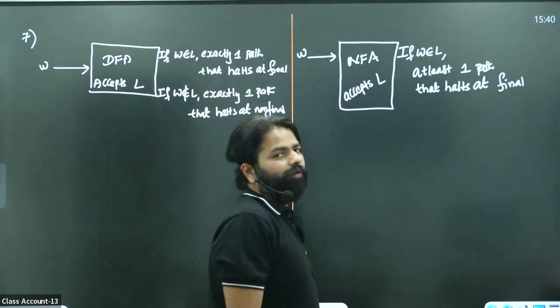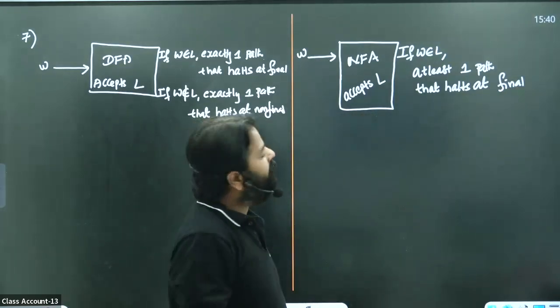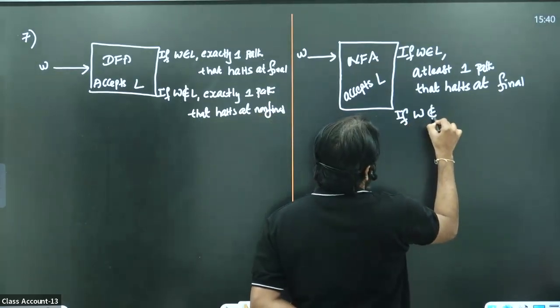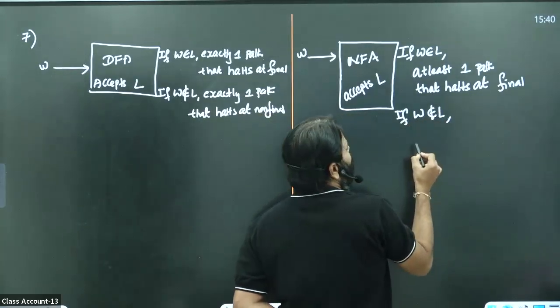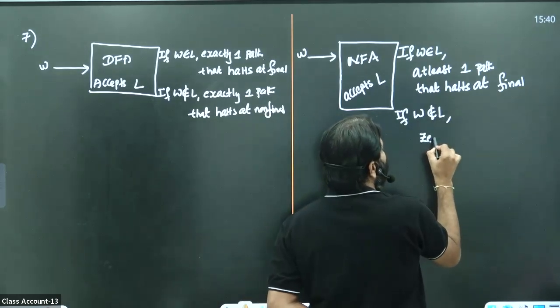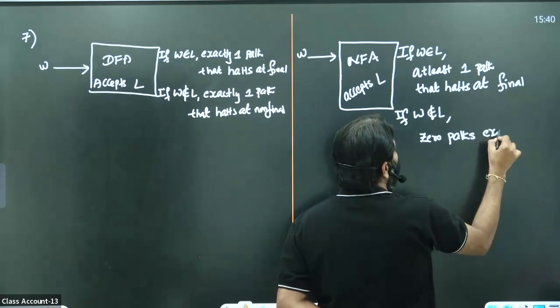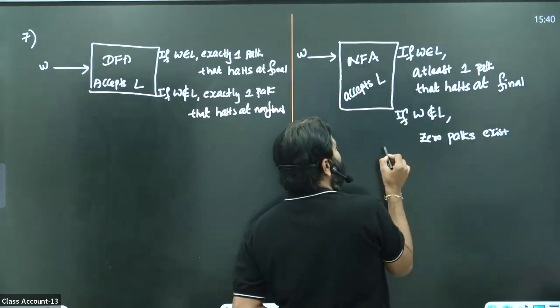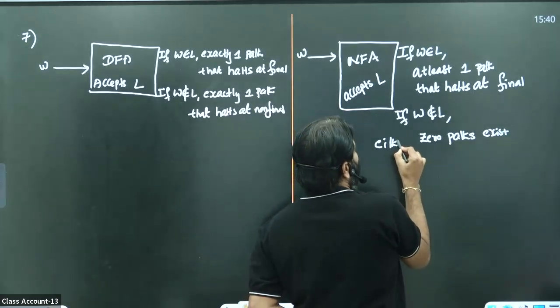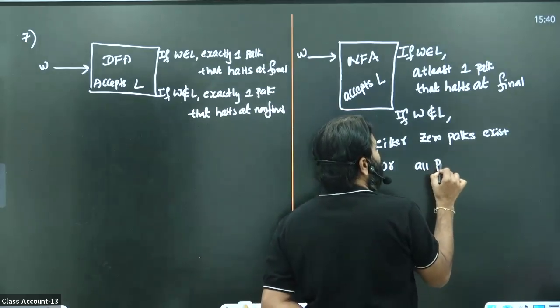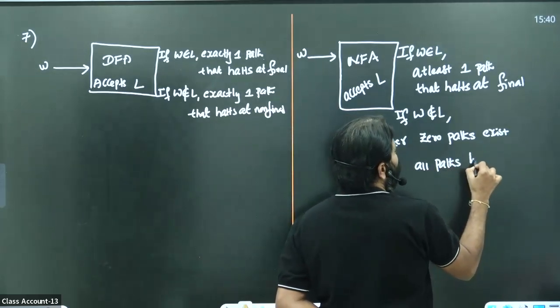The remaining might halt at non-final, but at least one path should halt at final. For a string not in L, you will see 0 paths, there is no path. If you have a path, all paths halt at non-final.